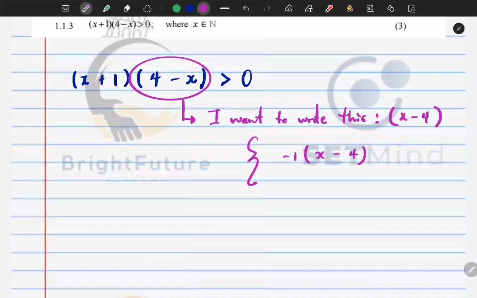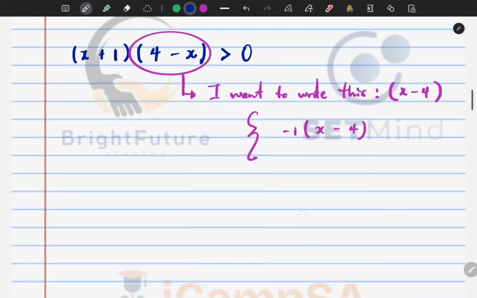Because now negative 1 times x gives us negative x, and negative 1 times negative 4 gives us positive 4, right? So literally this is the same thing. We just decompose it, right?